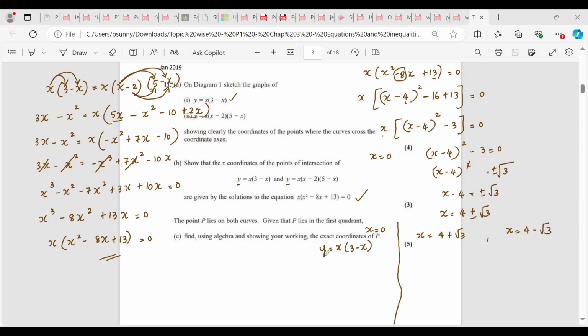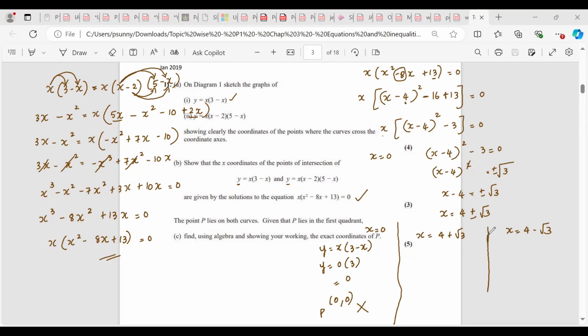So when x is equal to 0, y will be, substituting 0 for x, 0 into 3 minus 0 is 3. 0 multiplied by anything is 0. So this becomes (0, 0). This is not the point P because (0, 0) does not lie on the first quadrant.